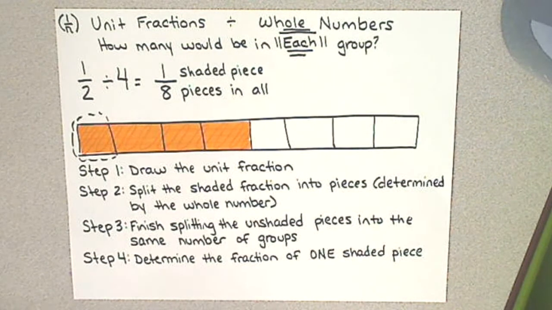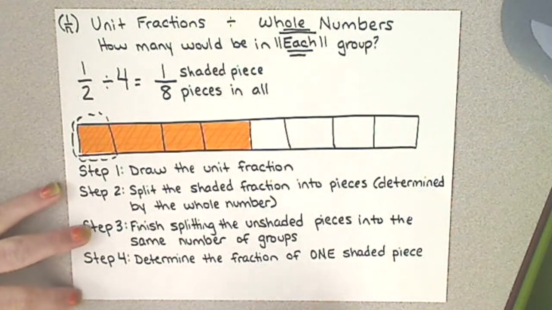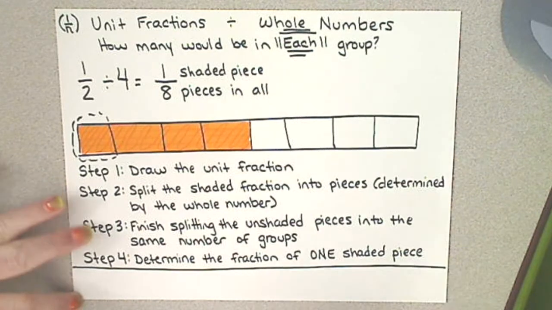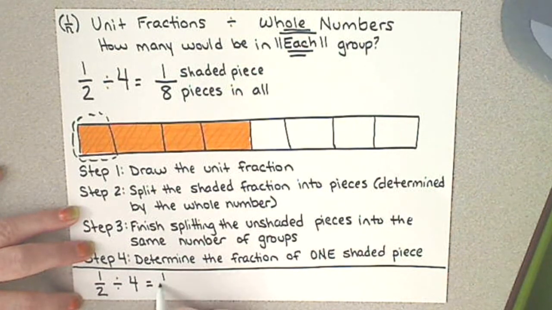Now, just because I know some of you really like to see the standard algorithm, I'm going to draw a line under here and I'm going to show you what this looks like. We have 1/2 divided by 4. So we need to turn this into 1/2 divided by 4/1.